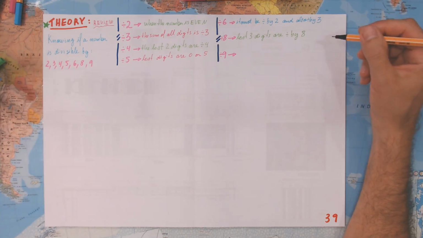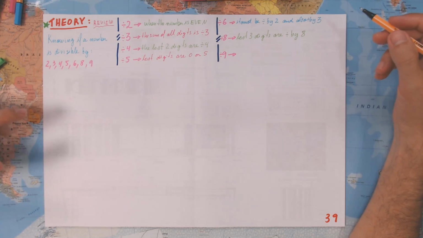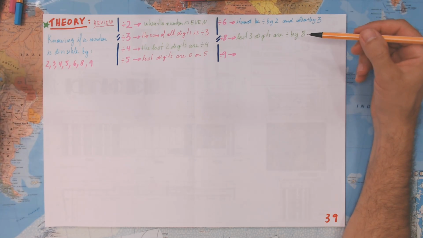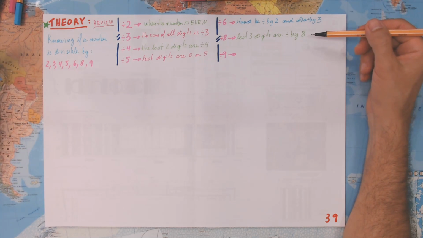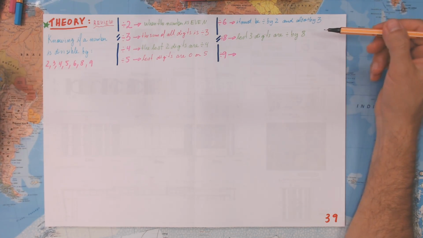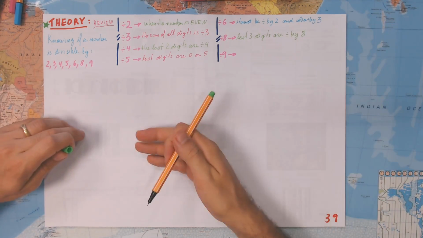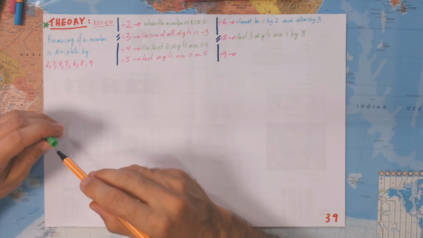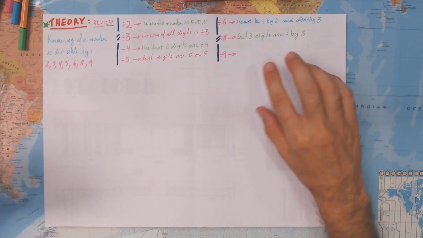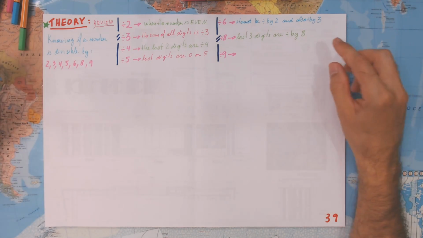But at least if you have 12,000 or 75,000, it means that the thousands are not important. Why? Because the thousands are divisible by 8, okay? 1000 divided by 8 is 125. So don't worry about the thousands, only work with the last 3 digits, okay? That's what makes the number divisible by 8.